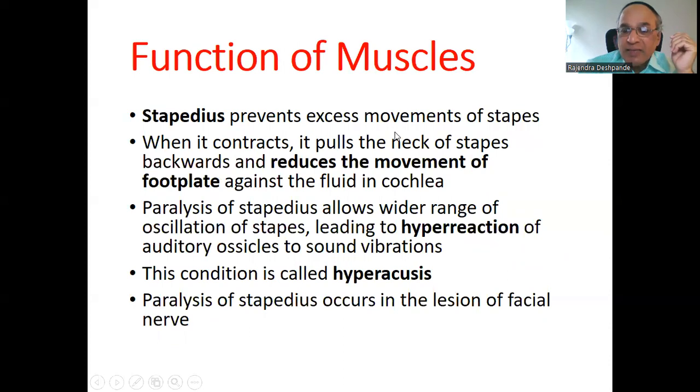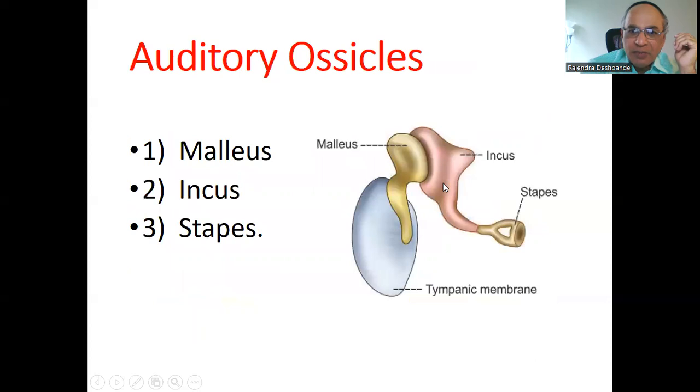The stapedius prevents excessive movements of the stapes. When it contracts, it pulls the neck of the stapes backward and reduces the movement of the footplate against the fluid in the cochlea. I will go back to show you where the stapedius muscle is. Can you see? Here is the stapes, and here is the attachment of the stapedius muscle.